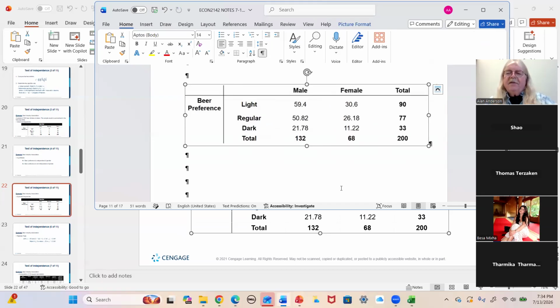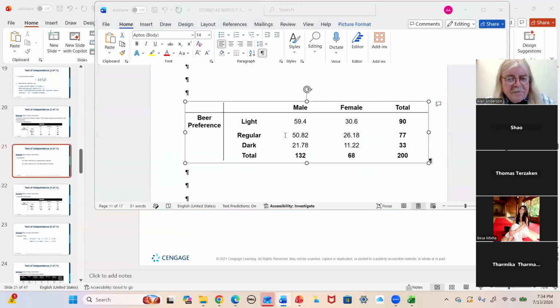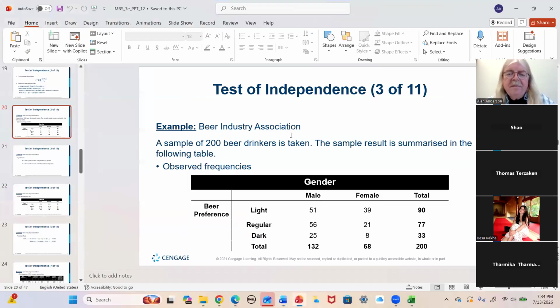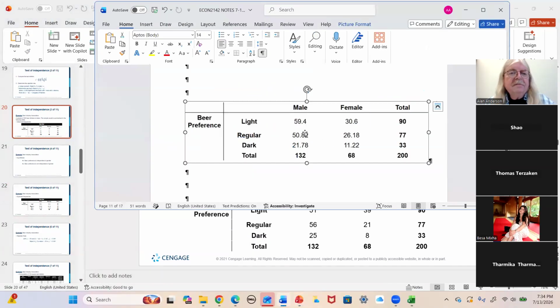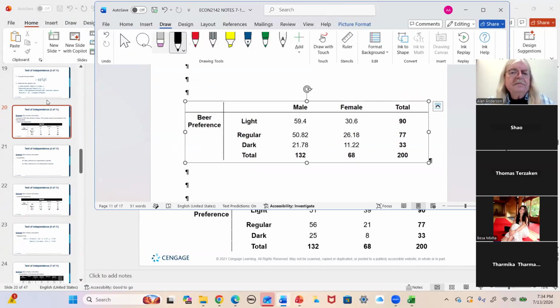Now keep in mind, wait a minute, let me confirm that. This is the sample, so these are the observed frequencies. These are the Fs. Now here you can see why the Fs have to have two subscripts.